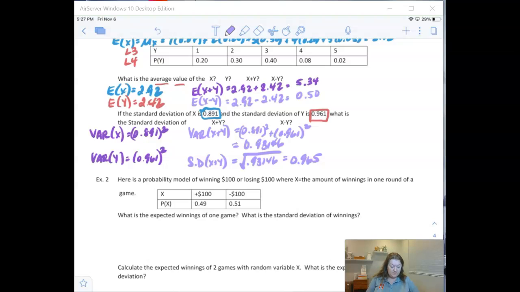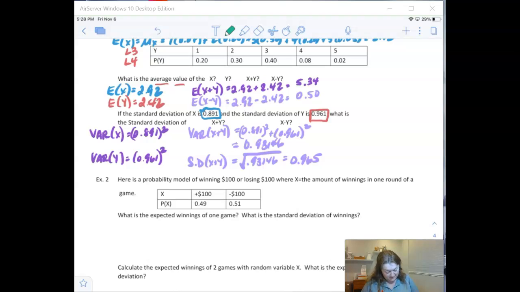Okay, so notice it's not as much as just adding the two standard deviations together. That would have been a 0.89 and a 0.96. It's a little bit less than that. All right, so then we go on and do the other version, which is the subtraction.